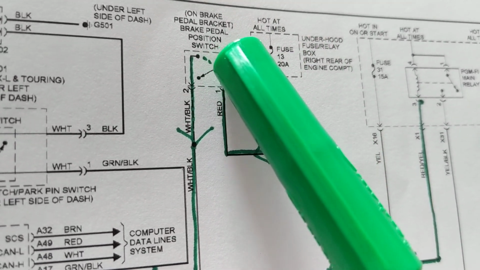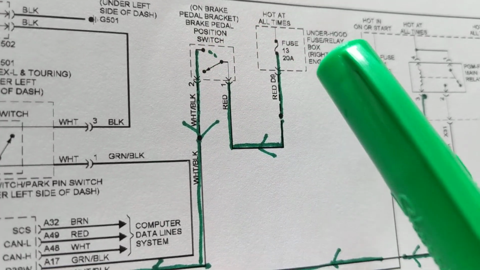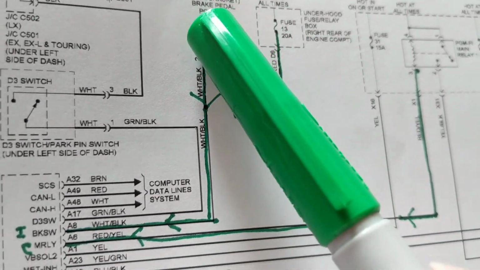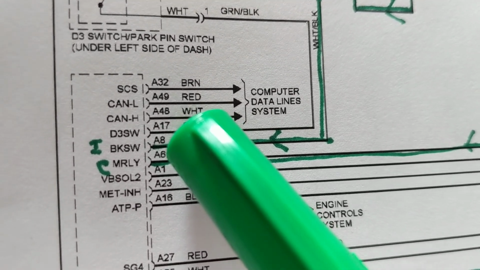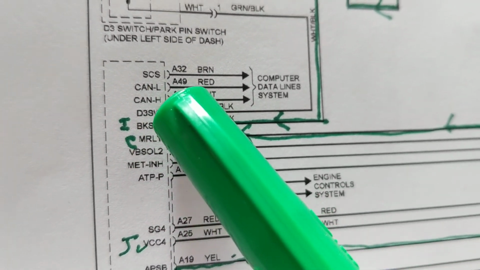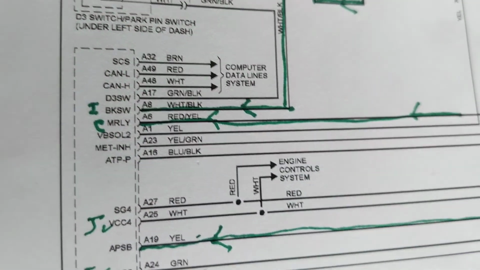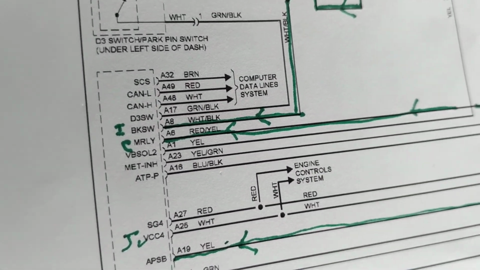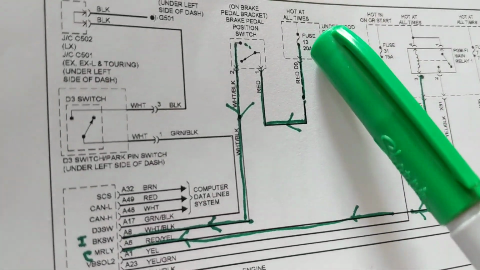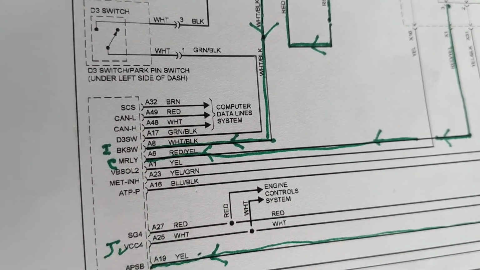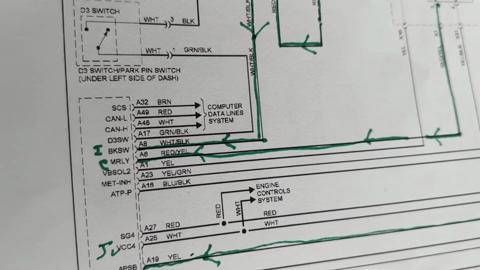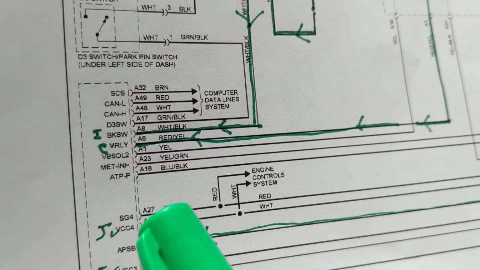That means when I'm pressing the brake pedal, this switch is closed. Current can flow from here into A8. So this makes it an input, as I designated with an I for input. This will get 12 volts through the brake pedal, telling the PCM the driver is on the brake pedal.